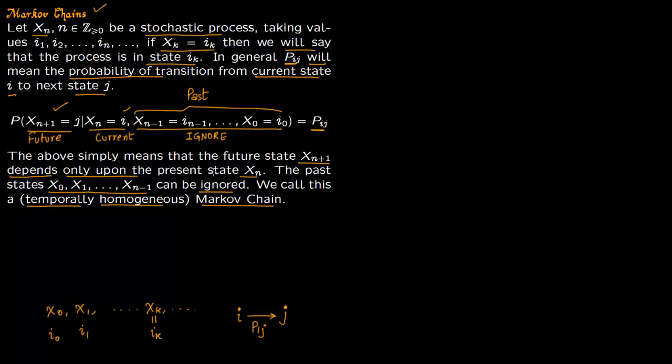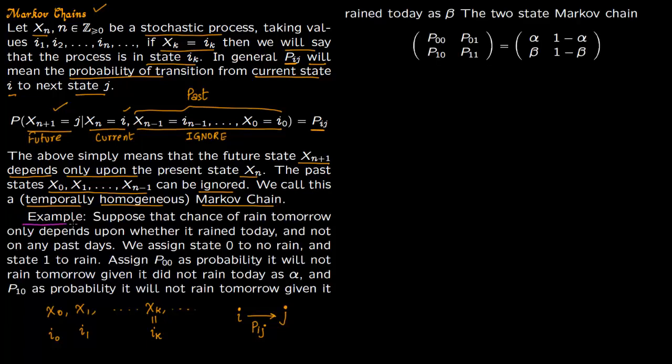Now we have said a lot, so let us see this in an example. Suppose that the chance of rain tomorrow only depends upon whether it rained today or not. So tomorrow, whether it will rain or not just depends upon whether it rained today or not, and it does not depend upon any past days.